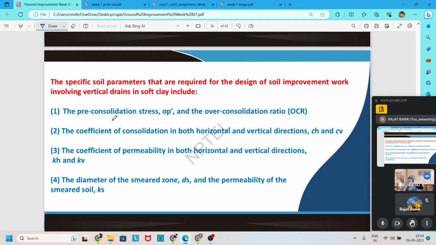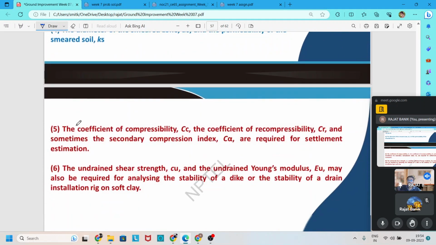That means the disturbance occurred due to the installation of the prefabricated vertical drain, in the area surrounding the drain. We also need to find out the permeability of this surrounding soil or disturbed soil, or we can say smeared soil.